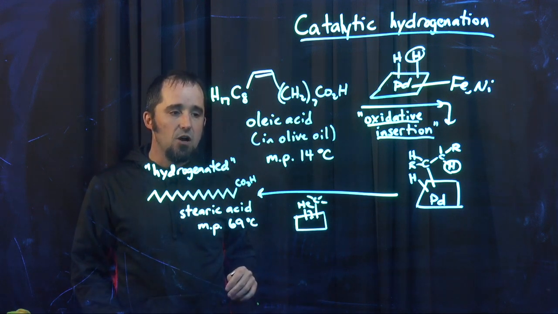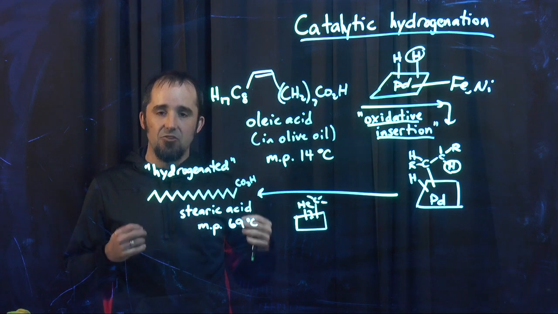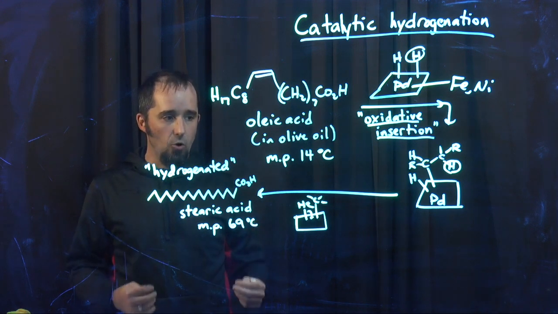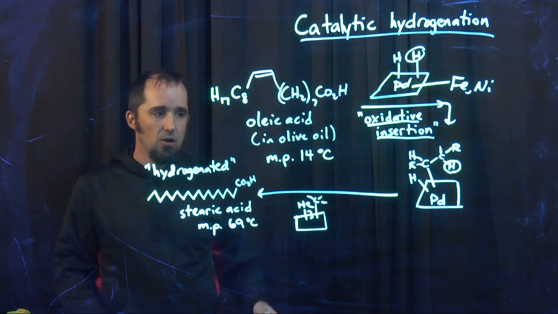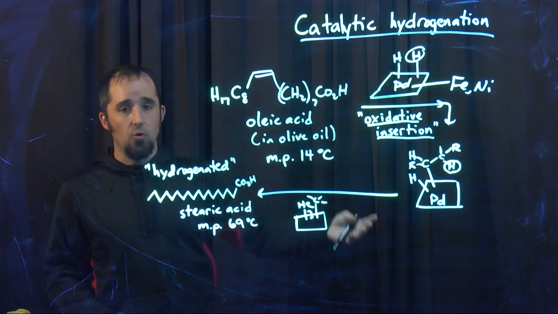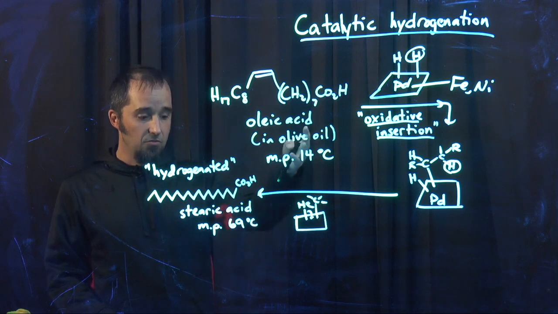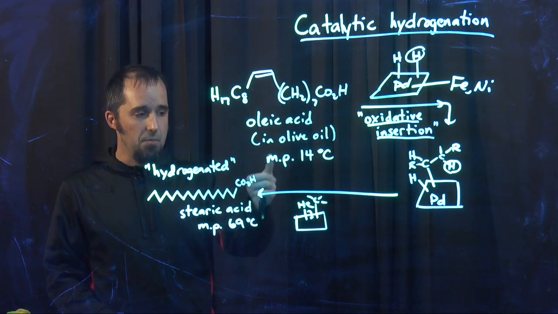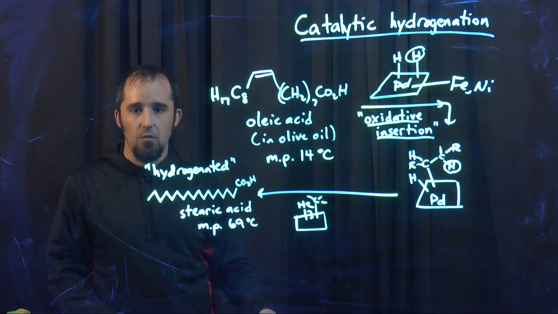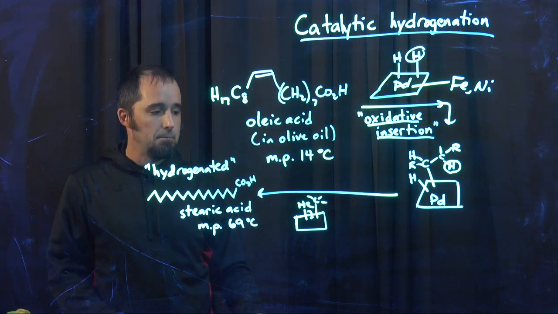All right? So when we talk about partially hydrogenated vegetable oil, that's what we're talking about. We ran this reaction for a while until we got some conversion to product that put the melting point where we wanted it. And once the melting point looked good, we colored it and shipped it out.